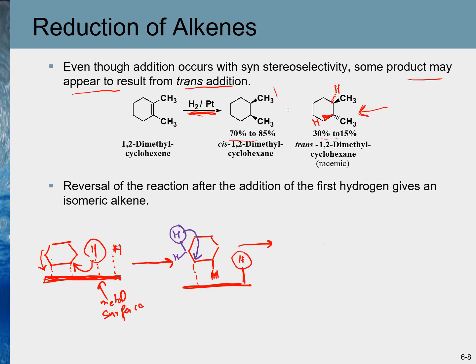Now this addition is only possible on the opposite side of the sigma bond, and it would result in formation of a new alkene.